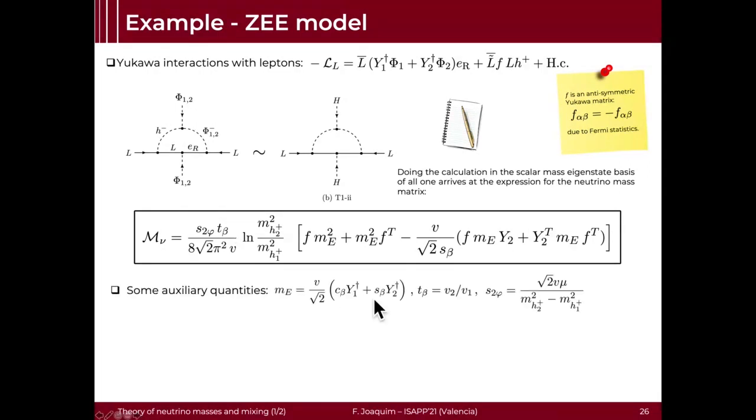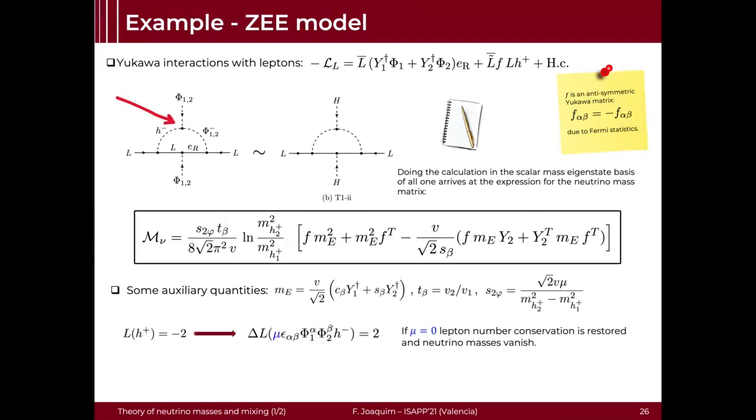If you define some extra quantities like M_E, this mass scale, or tan beta, which as usual is the ratio of the VEVs, and this is the mixing angle which enters here, you can ask yourselves whether it is natural or not to have small neutrino masses. And again, yes, because you may do a lepton number assignment in such a way that if mu is equal to 0, lepton number conservation is restored and neutrino masses vanish.